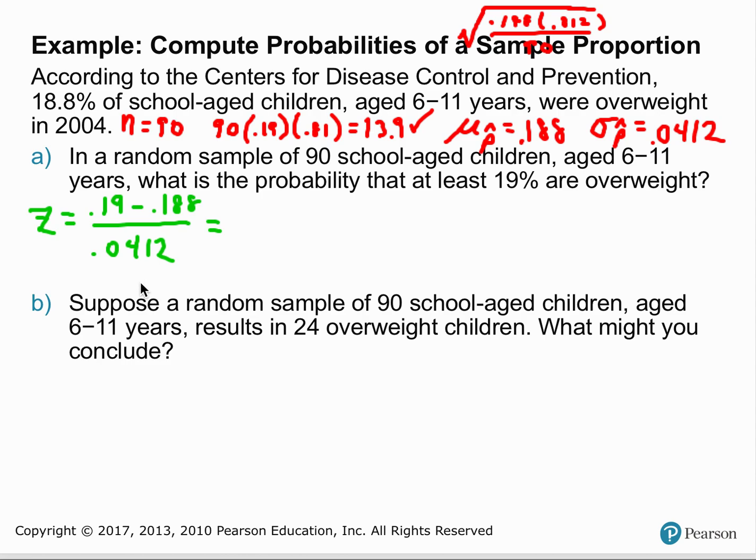Okay, 0.05. I got 0.048, but 0.05 because we rounded two places when we're looking on our z chart.